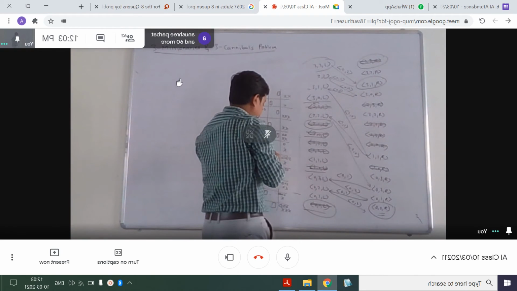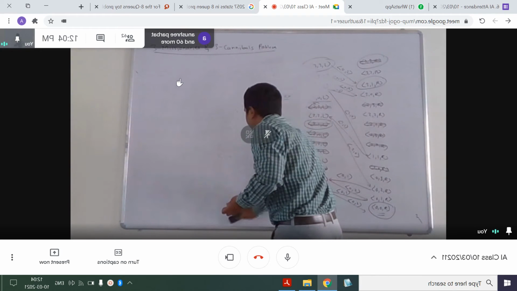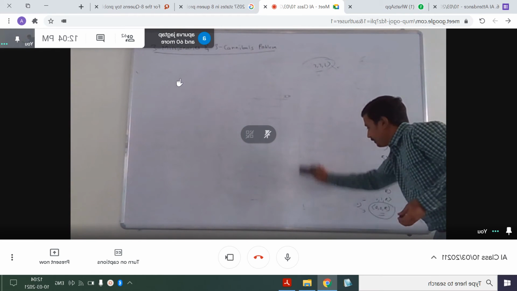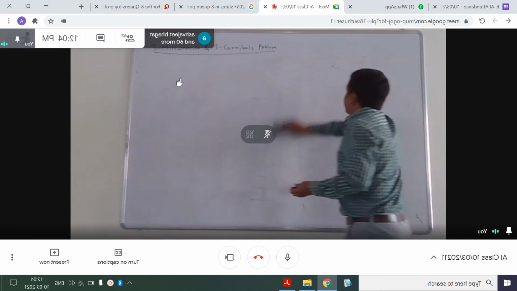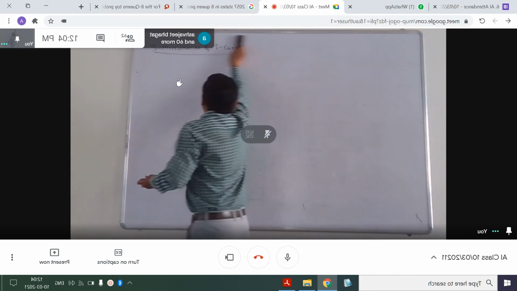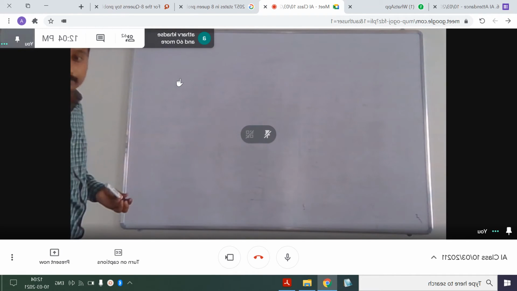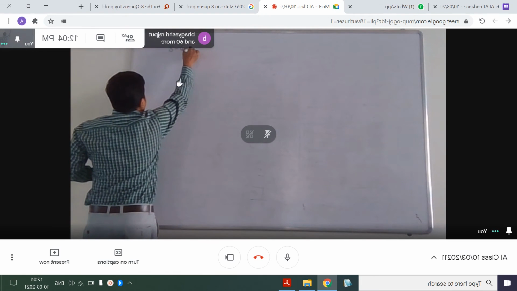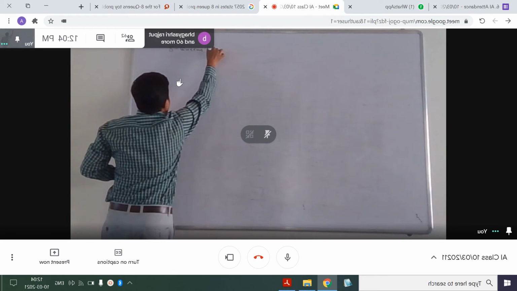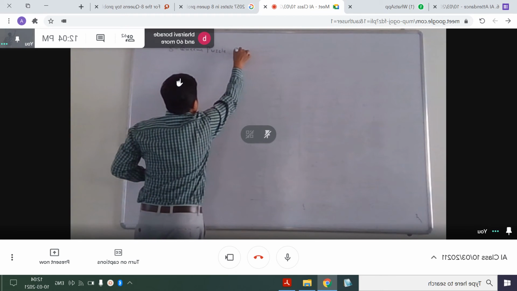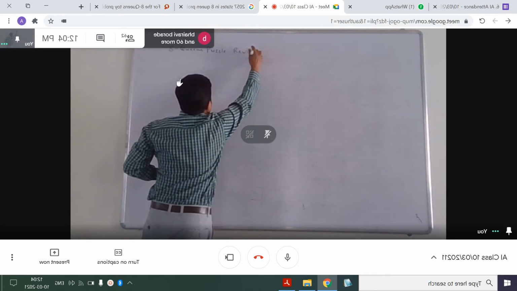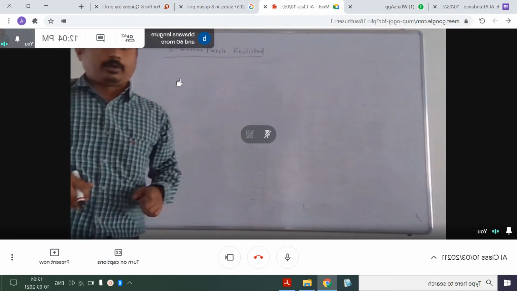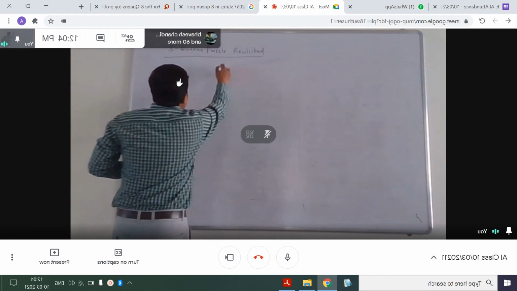Now we will move to the second problem. Again we will revisit the 8 queen problem. So what is the 8 queen puzzle?